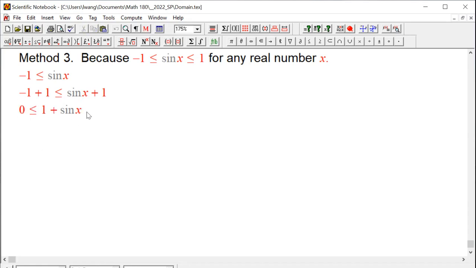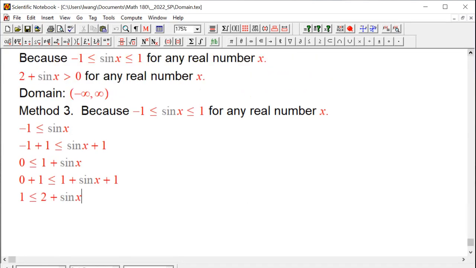So 1 plus sine x is greater than or equal to 0. Now, if 1 plus sine x is greater than or equal to 0, what happens if I add another 1 on both sides? What will happen? I will have 1 is less than or equal to 2 plus sine x.